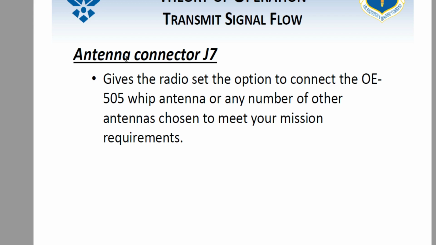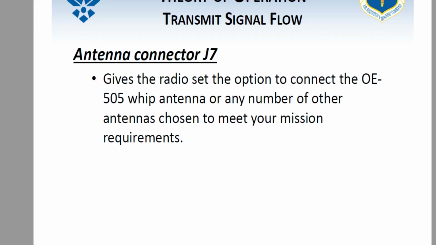All right, so let's do the antenna connector, right? So we have to connect the OE505, which is also known as the what? It says it right there. The whip antenna.